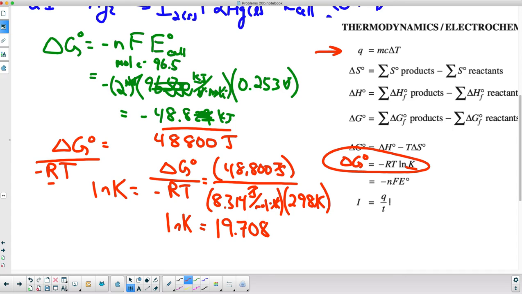This doesn't have units because of the natural log part, so we don't have to worry about that. But then to get K, we need to take e to 19.708 like this, and then that's how I get the answer of 3.61 times 10 to the 8th, or 3.6 times 10 to the 8th.